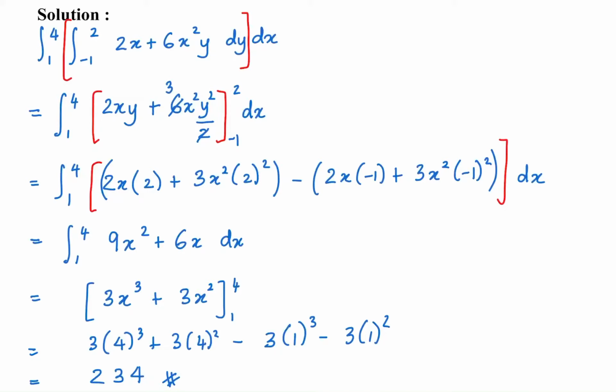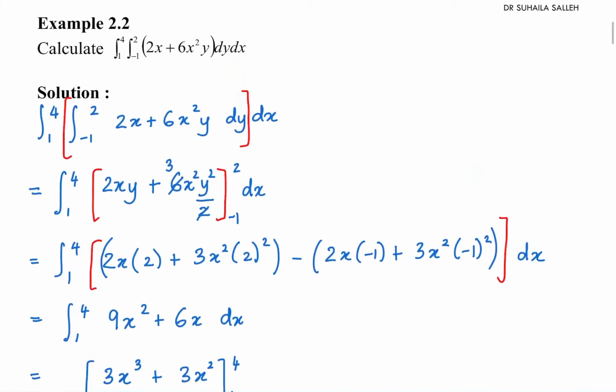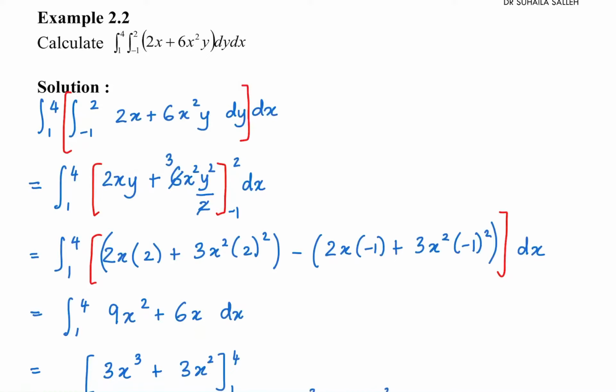Okay, so let's go back to our question. So we are doing the order of integration dy dx. Now my question again, if we do dx dy, can we change the order of integration? Yes, we can. Why? Because here we have all limits as constant values.